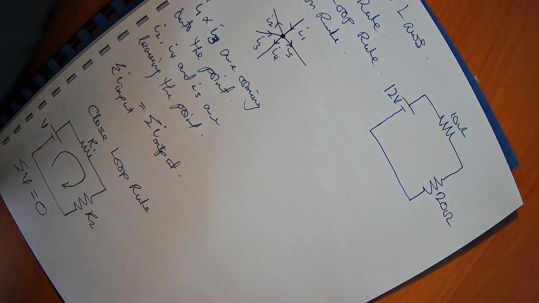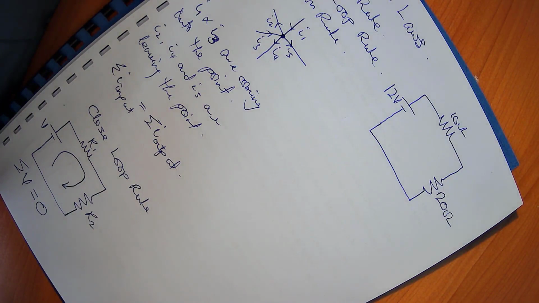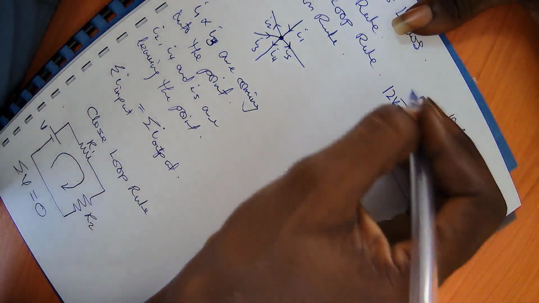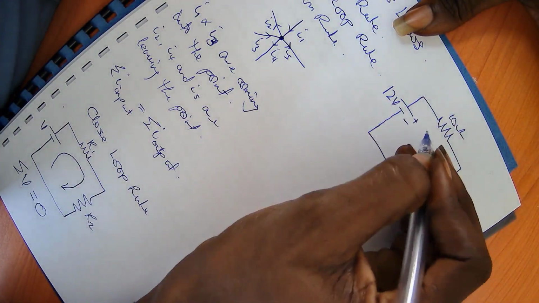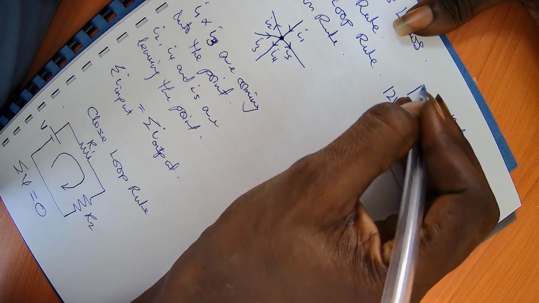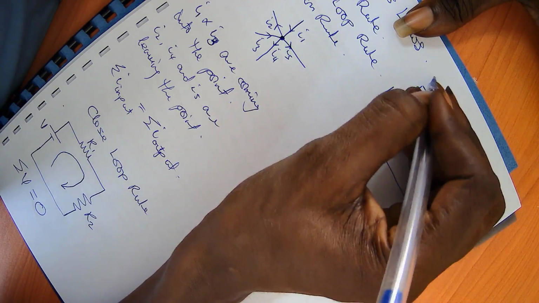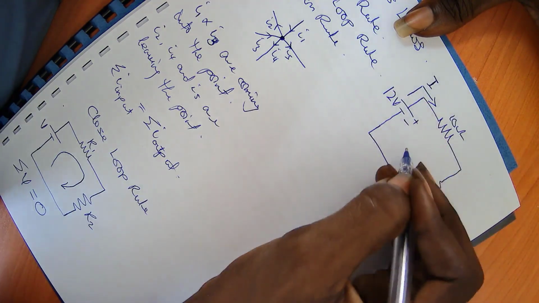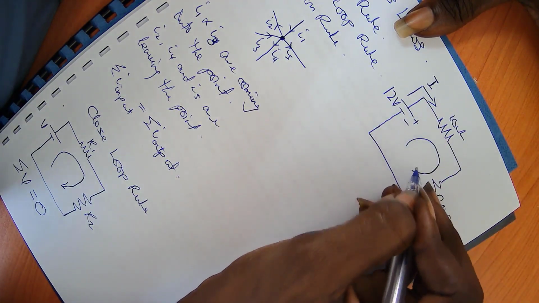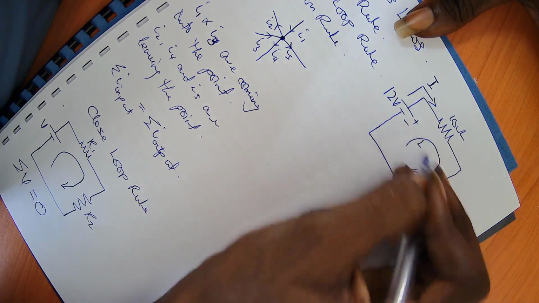This is a closed loop. Let's see how we can verify the closed loop rule. Here is negative, here is positive. Because it's a single loop, the current going through will be the same current, so that is I.